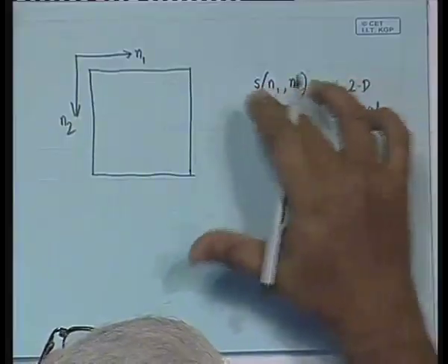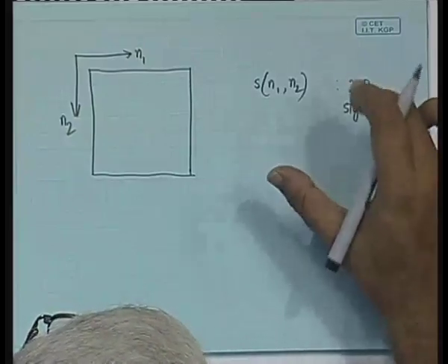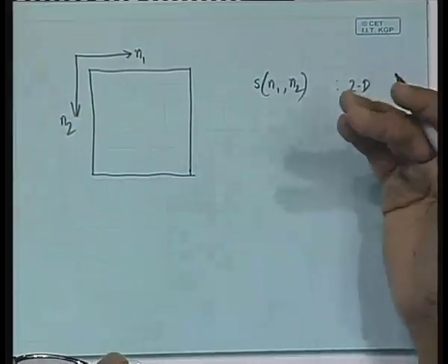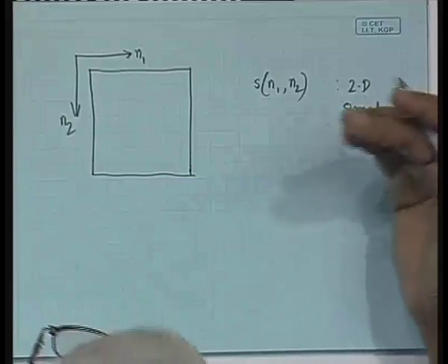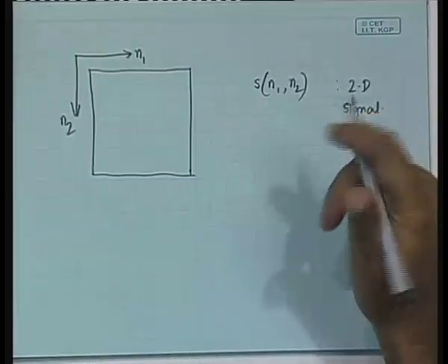So it is a 2D signal with variability in space. In the case of video, what we have is a sequence of such images.